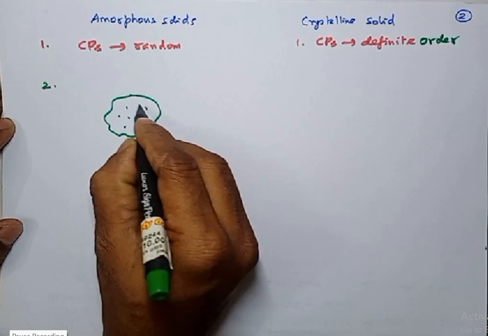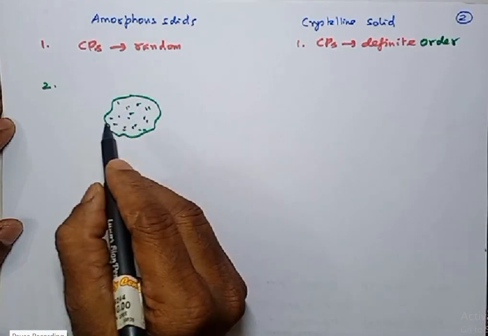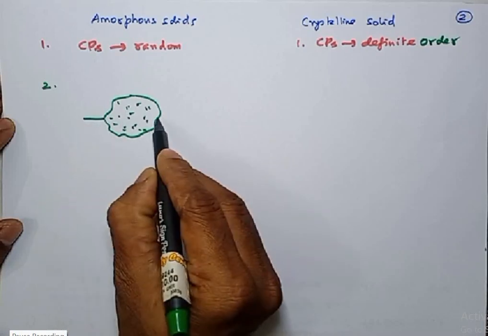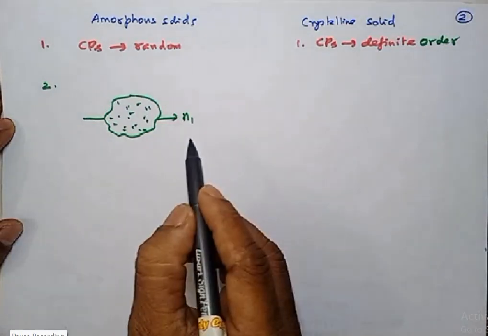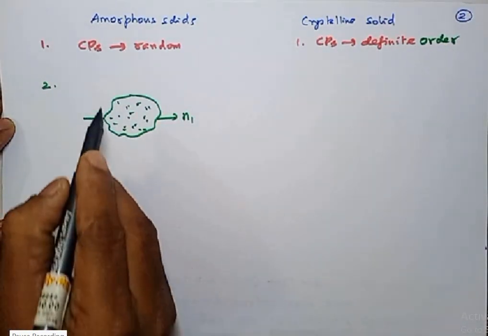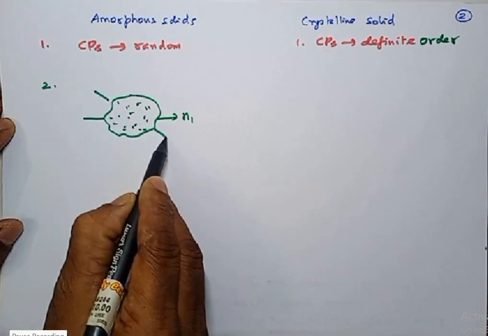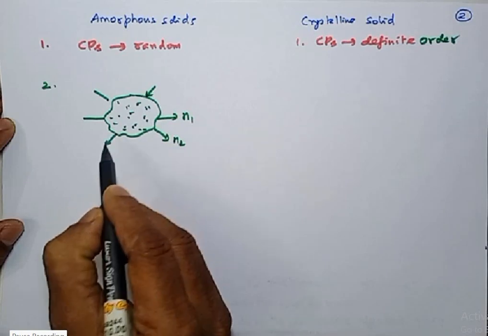The atoms are arranged in a random manner. We measure refractive index in this direction. Let me take this N1, where N is the usual symbol for refractive index, and I'll measure the refractive index in this direction, and in this direction.